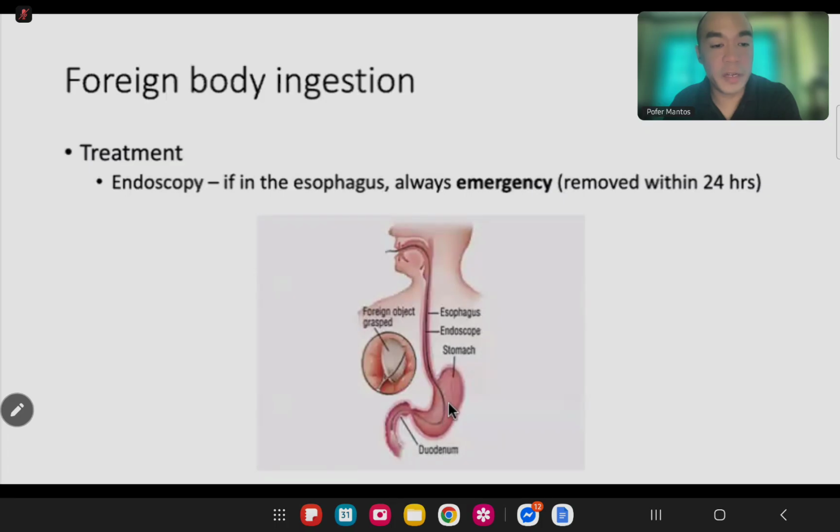But if the foreign body has passed through the esophagus and is already in the stomach, and the child remains asymptomatic, the child may be observed for spontaneous passage, but only for blunt objects like coins. For sharp objects, it's important that they be removed. And for those who have symptoms, it should be removed as well. So don't observe patients who are symptomatic.